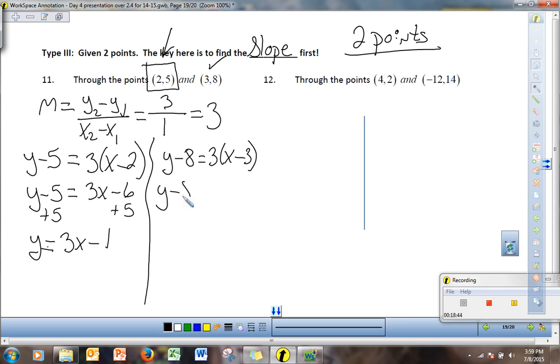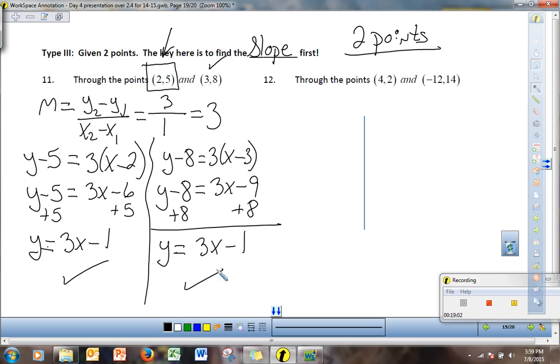So I got y minus 8 equal 3x minus 9. Let's add 8 to both sides. I've got y equal 3x minus 1. Okay? Moral of that story, it doesn't matter which point you pick. You're going to get the same answer if you do the work correctly.